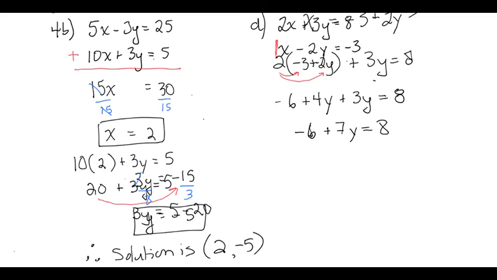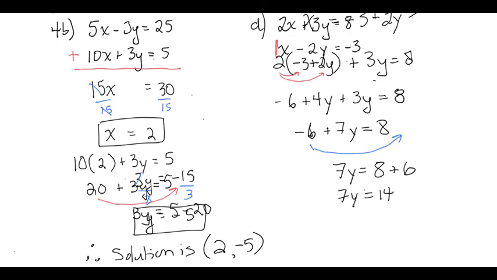Still isolating y, we need to bring the number of -6 over to the other side. And when we do that, on the left-hand side we have remaining a positive 7y. On the right-hand side, we have an 8, and we bring this -6 over, it becomes a plus 7y equals 14.